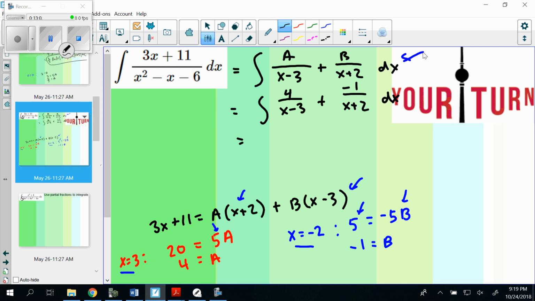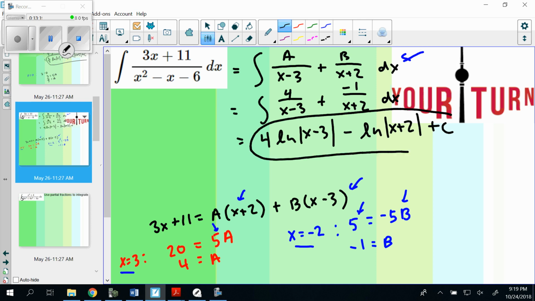Now if we integrate, we would get 4 natural log of x minus 3. And I'm going to put it as -1 here, -1 natural log x plus 2 plus some constant. That would be the antiderivative.